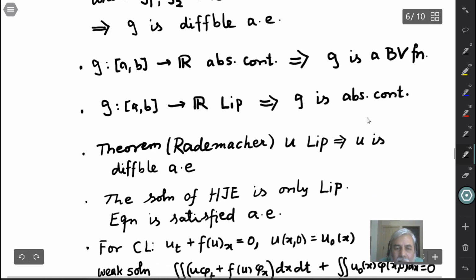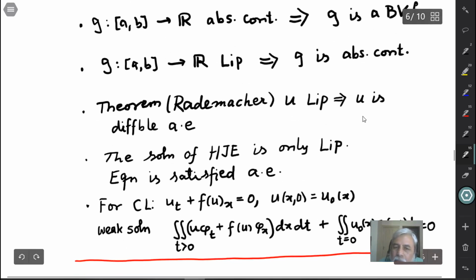Let me again state a theorem of Rademacher. This holds even in R^n. If u is a Lipschitz function in R^n, then u is differentiable almost everywhere, and this is what we have used in the study of the Hamilton-Jacobi equation, because the solution given by the Lax formula is only a Lipschitz function, so the Hamilton-Jacobi equation is satisfied only almost everywhere.